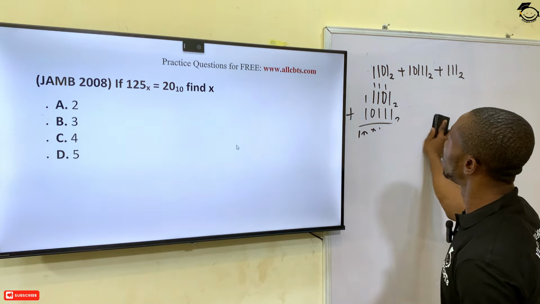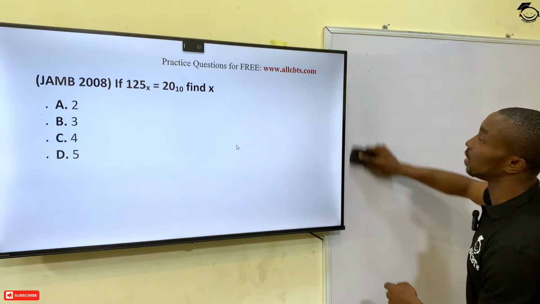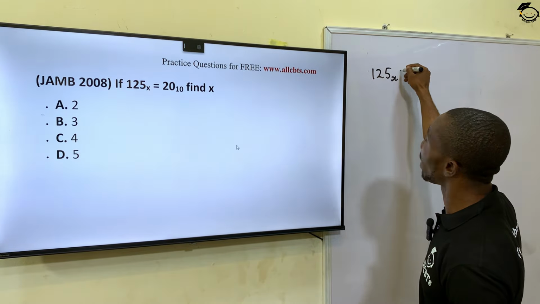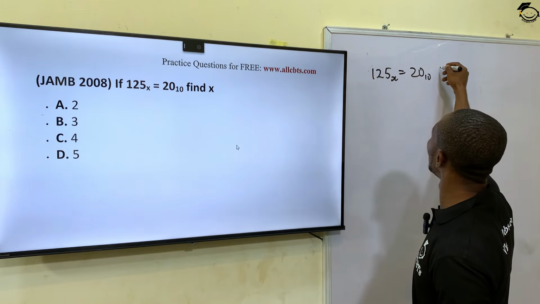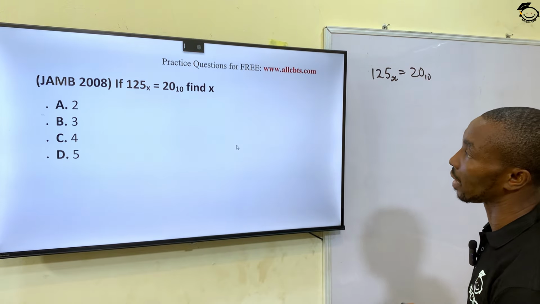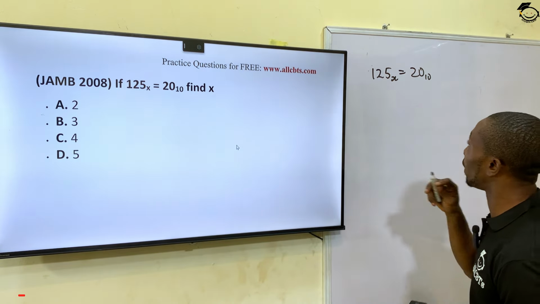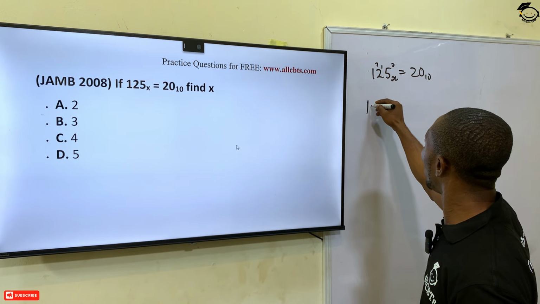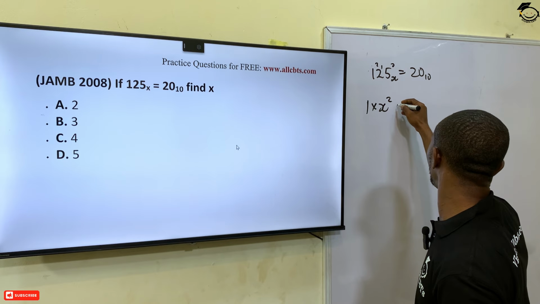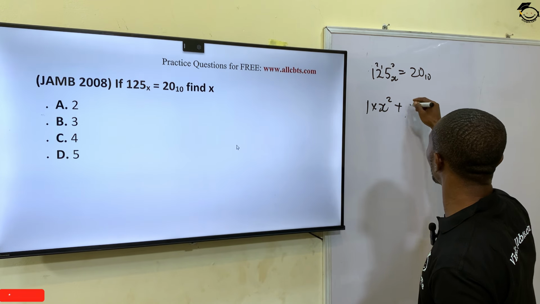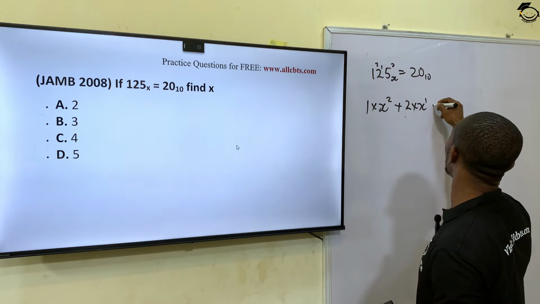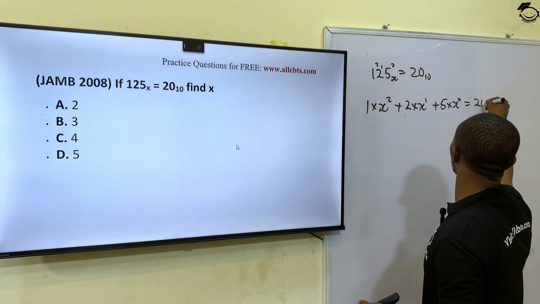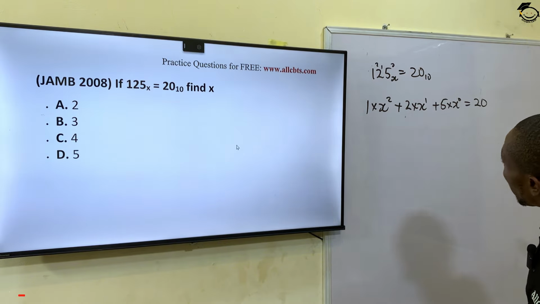Now, from 2008 again, it says if 125 base x equals 20 base 10, find the value of x. Okay, so if we want to find the value of x, this becomes 0, 1, 2. This will be 1 times x raised to power 2 plus 2 times x raised to power 1 plus 5 times x raised to power 0 equals 20, since it's already in base 10.